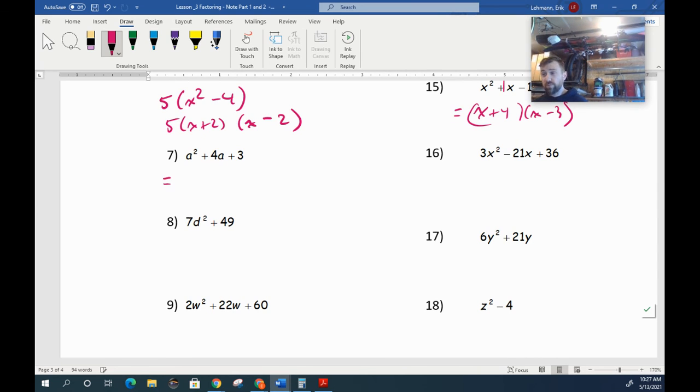Two numbers multiplying to 3 and adding to 4, a plus 3, a plus 1. Check for GCF. I can take a 3 out. X squared minus 7x plus 12. Check for dots. It's 3 terms. Check for simple STF.